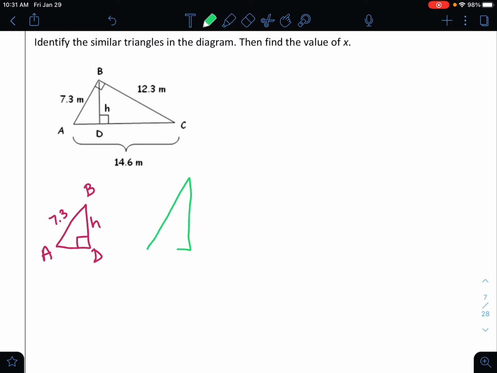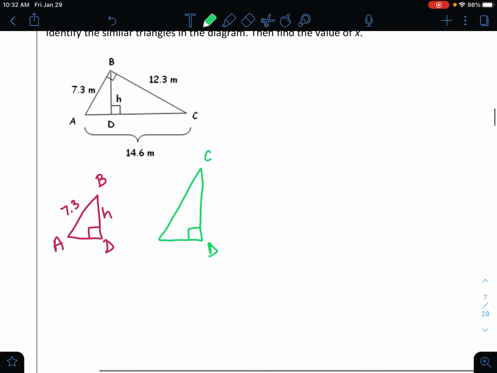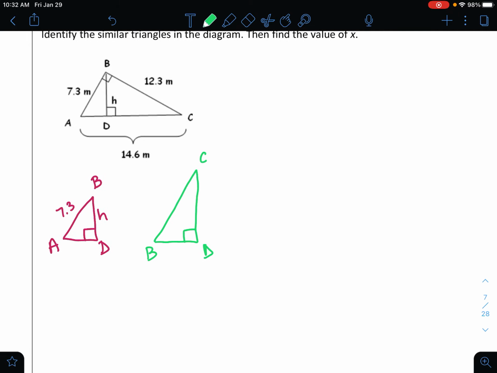Let's take the one on the right. I'm going to make it a little bit bigger, but orient it the same way where the 90 is in the lower right corner. That's point D. If I rotate it around mentally, C comes up to the top, and B is over here. What information do I have on this one? I know h is right here, which is segment BD.